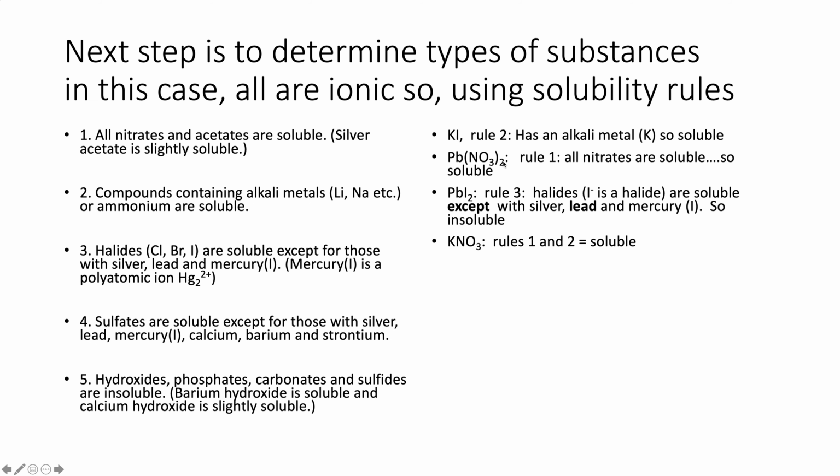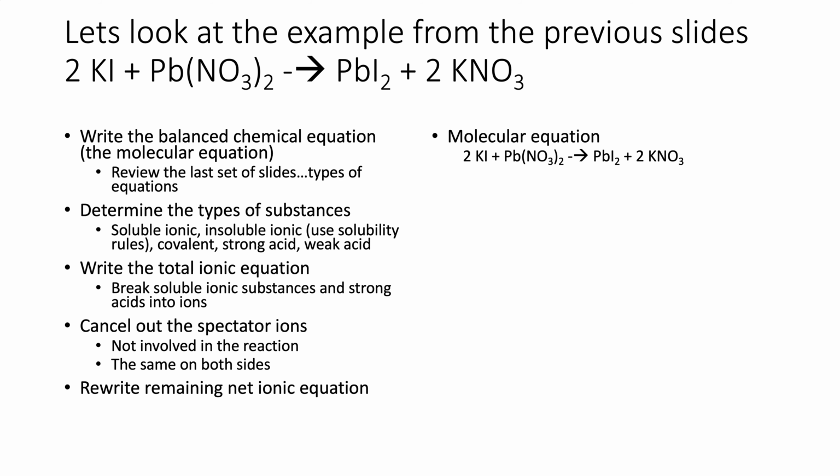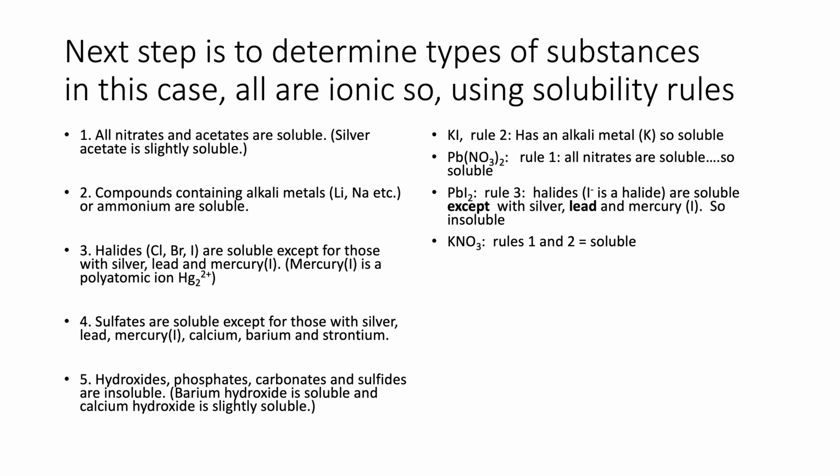The next step is to determine the types of substances. I put the solubility rules here so you can see. If we look at these 4 substances, potassium iodide, lead-2 nitrate, lead-2 iodide, and potassium nitrate, we look at each one of the solubility rules. These are all ionic compounds.